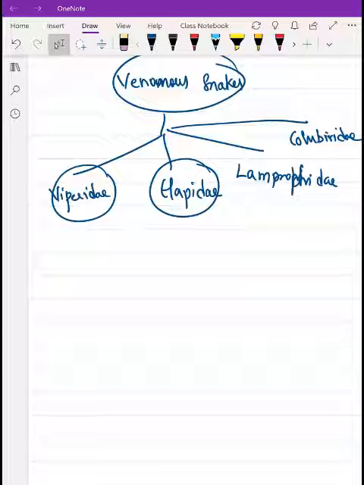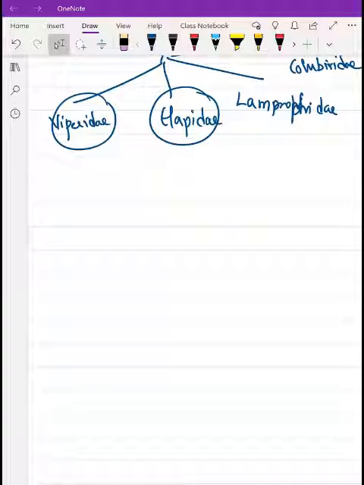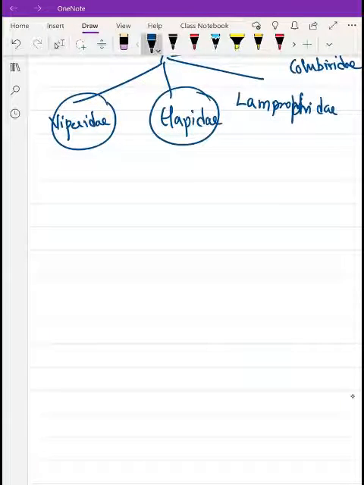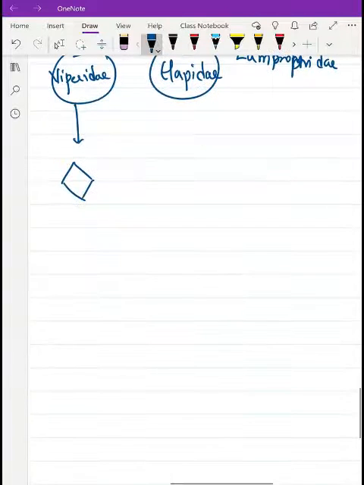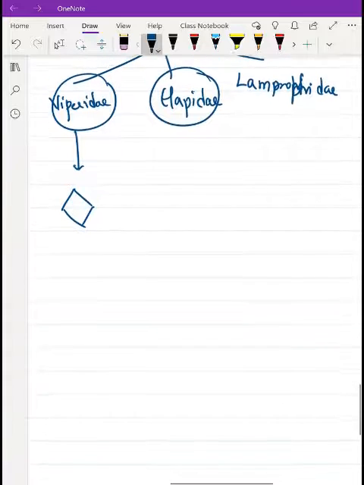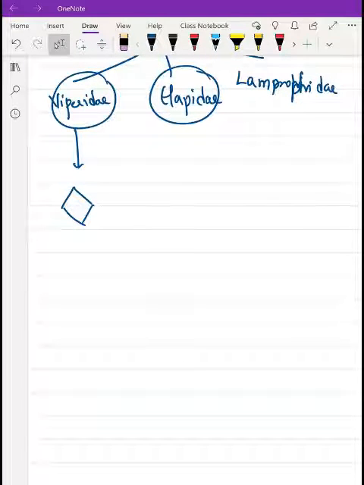They are cobras, kraits, Russell's viper, pit viper, and saw-scaled viper. Vipers have a diamond face. Pit vipers have pits in their skull, which help to detect danger.